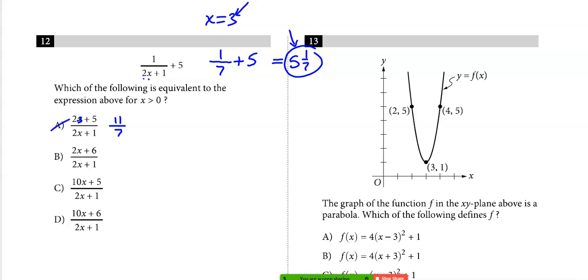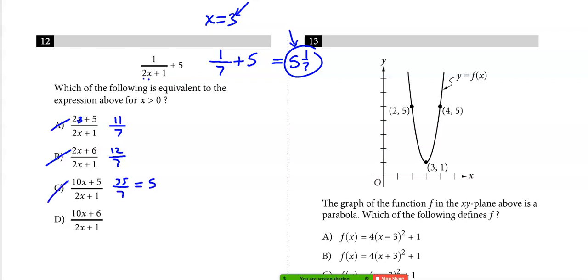So you're out. If I try it again, 2 times 3 is 6. 6 plus 6 is 12. 12 divided by 7 is not 5 point something. 10 times 3 is 30. 30 plus 5, that's 35. 2 times 3 is 6 plus 1, that's 7. That's exactly 5, so it's close, but it's not it.